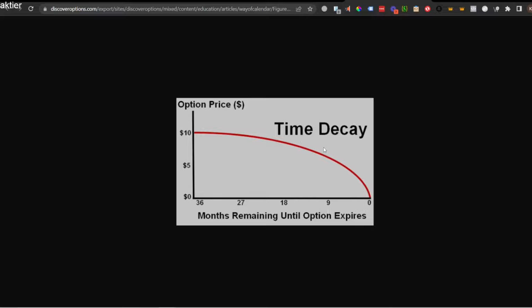It accelerates when you get to the expiration time, and that's perfect for a seller. The time decay increases the value of the contract.